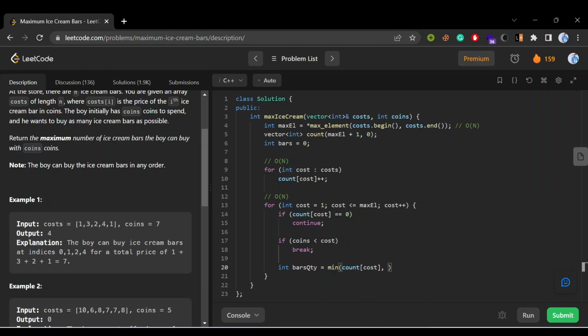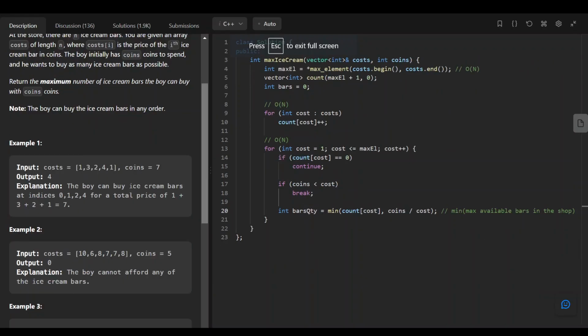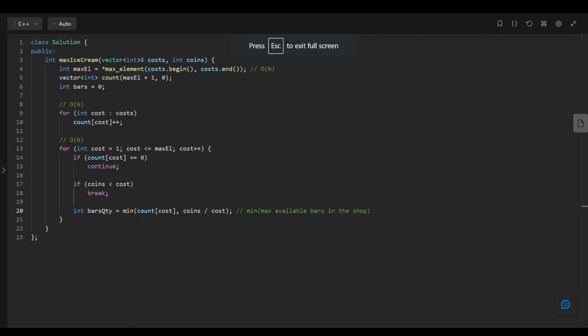What is the formula for that? So for that you will say that the number of coins that you have divided by cost, right? This will give you the maximum bars. So this is the maximum bars that you can have. Let me write the comment here. So it's the minimum of the maximum available bars in the shop, right?